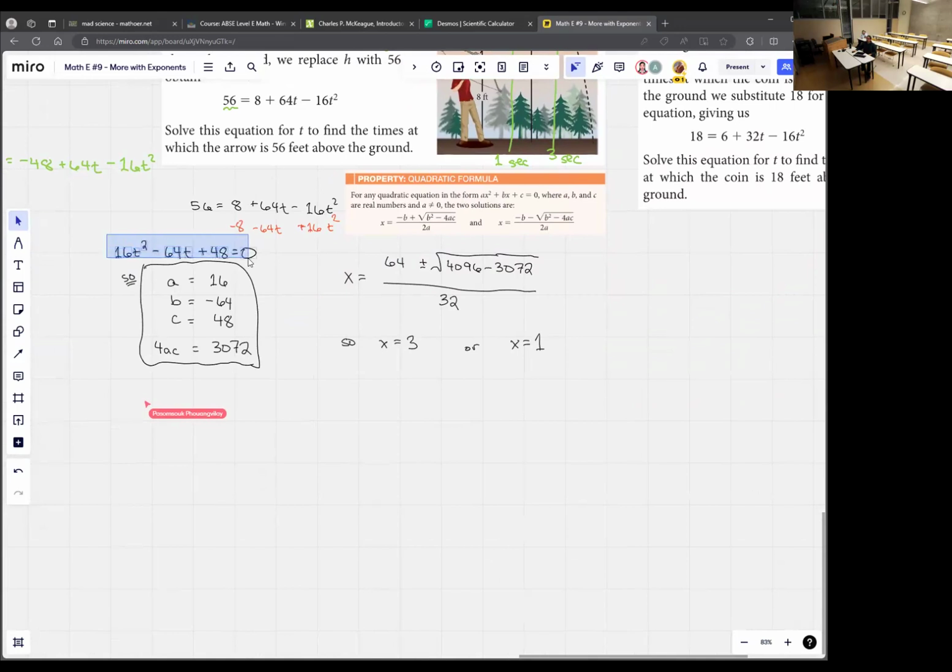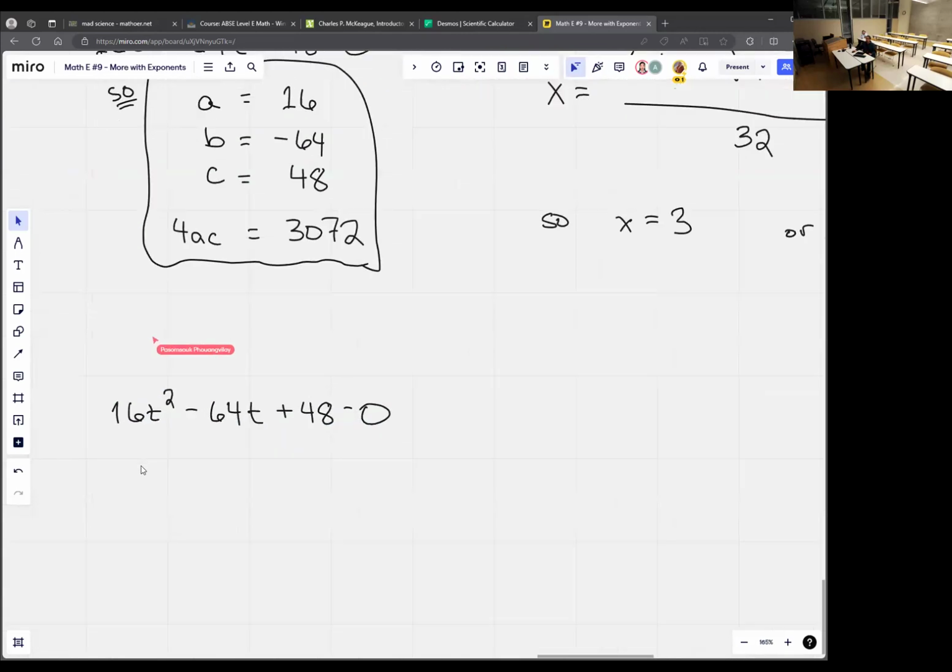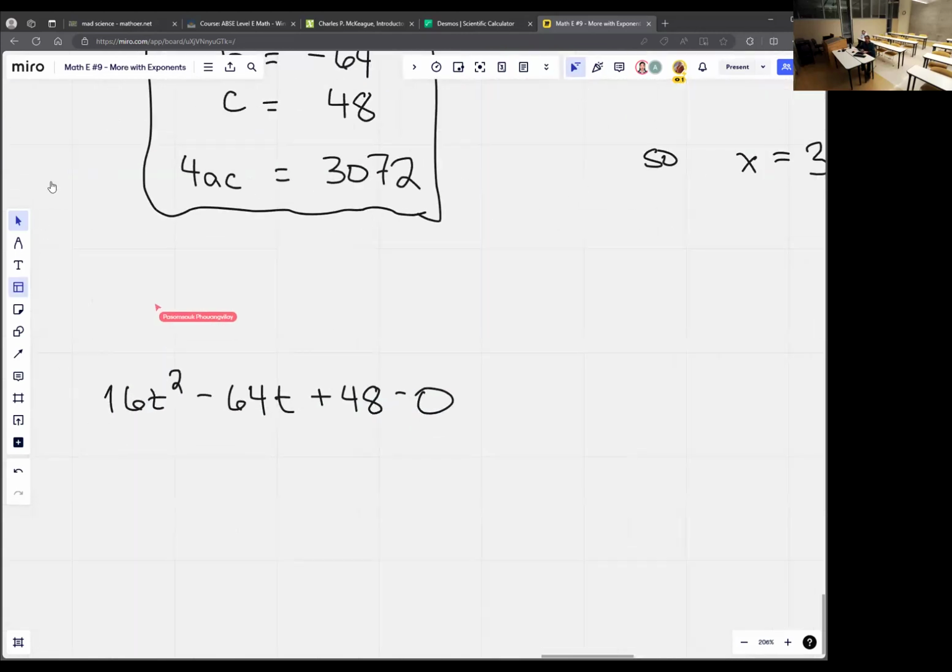Let's see how that could work. I could have taken this thing and noticed that 16 is a common factor for all of these parts. It's 3.